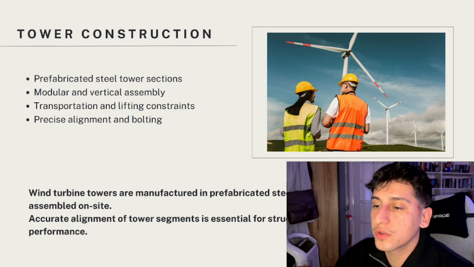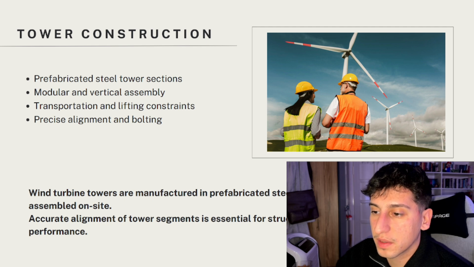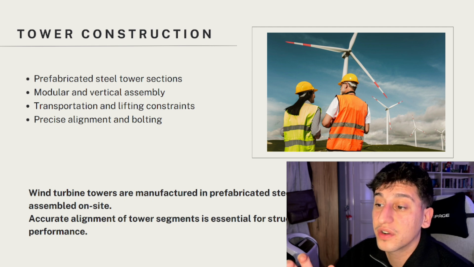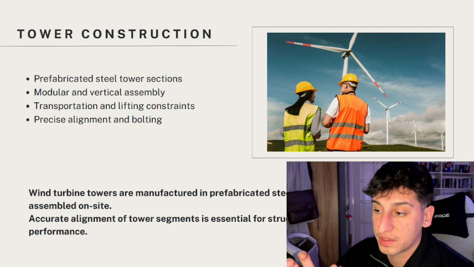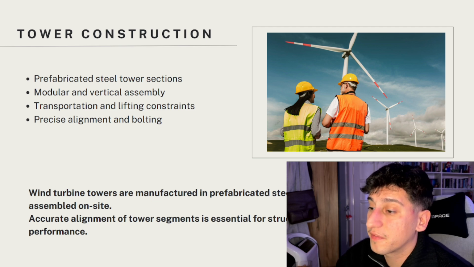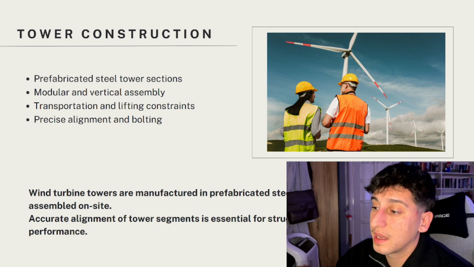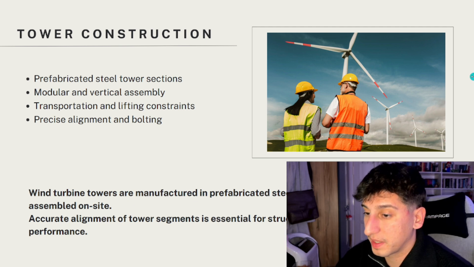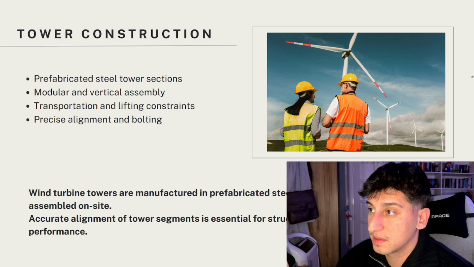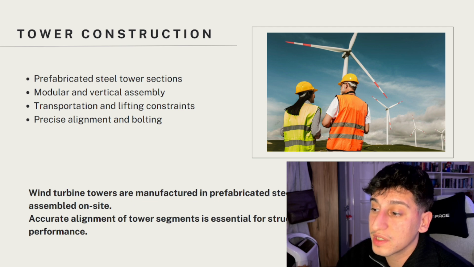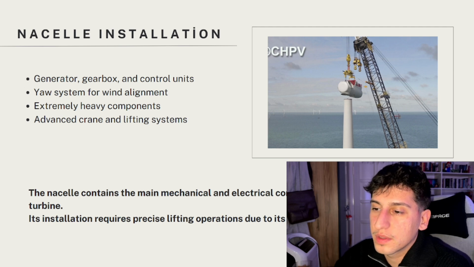About tower construction, wind turbine towers are manufactured in large cylindrical steel sections, and they are built in factories. These sections are transported to the place where they want to build the wind turbine, and they are assembled there.